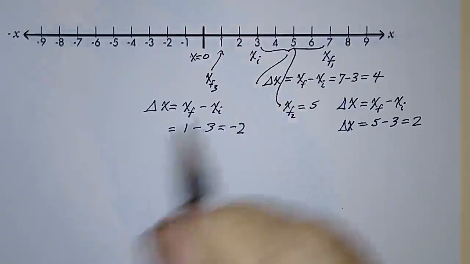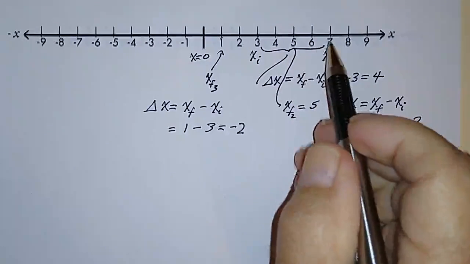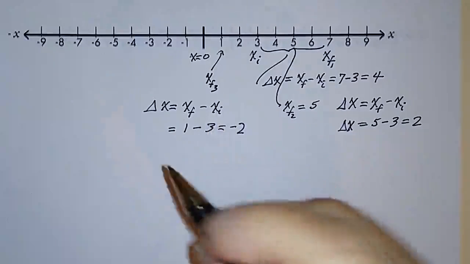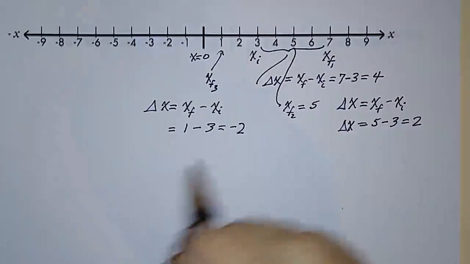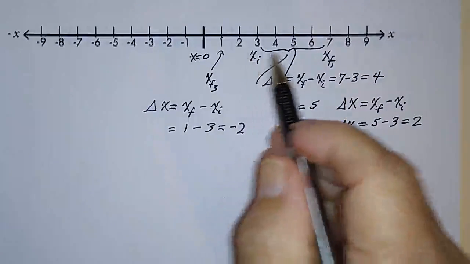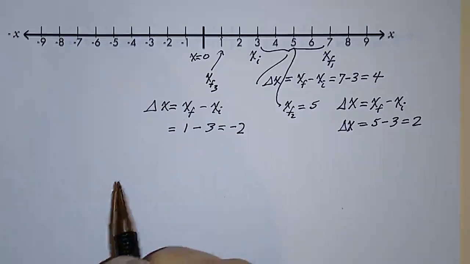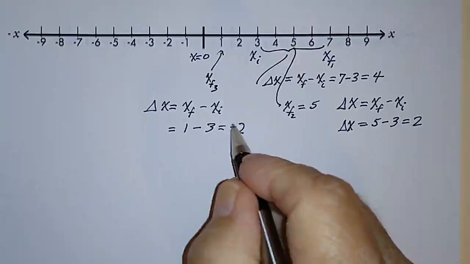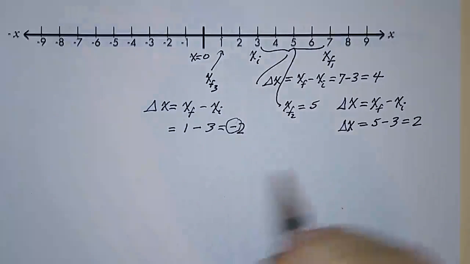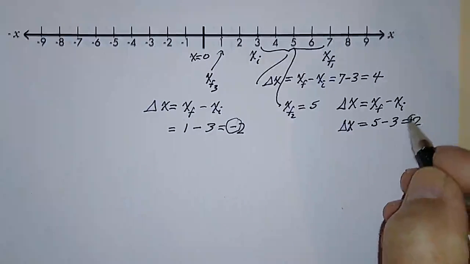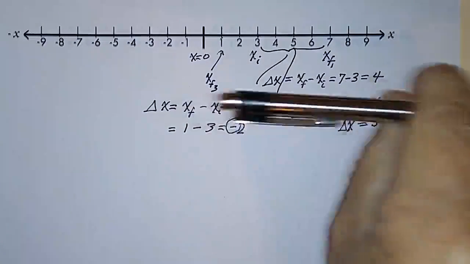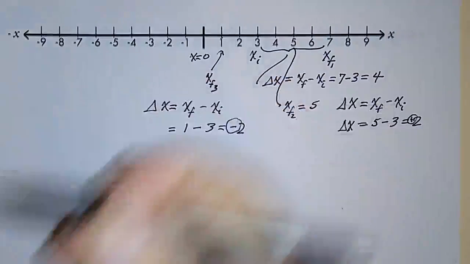Now, the amount of distance I traveled is different in each case, but the displacement is what's called a vector, and in this particular case for one dimension, the vector nature is contained within the sign. In other words, if it's plus, then it's to the right, and if it's negative, it's to the left.